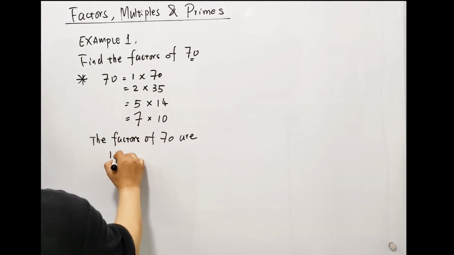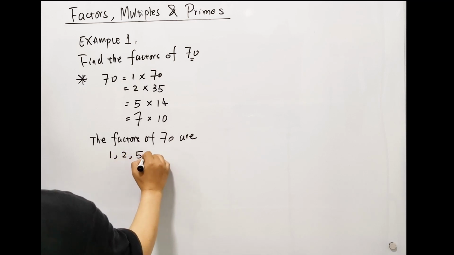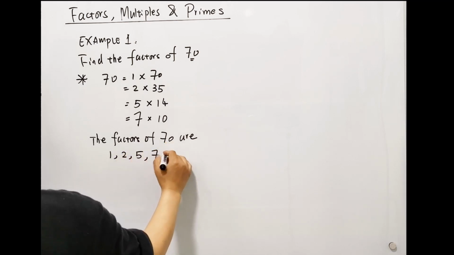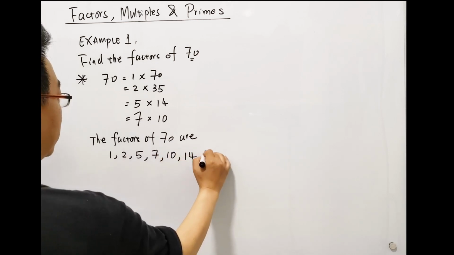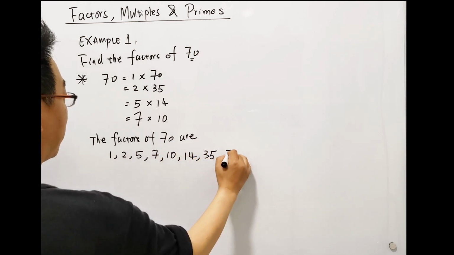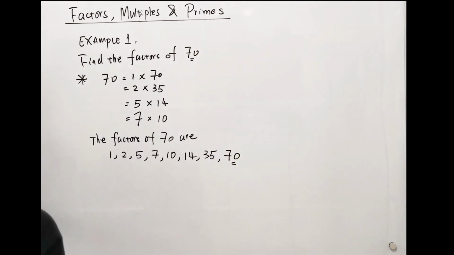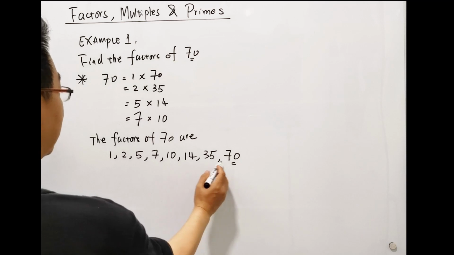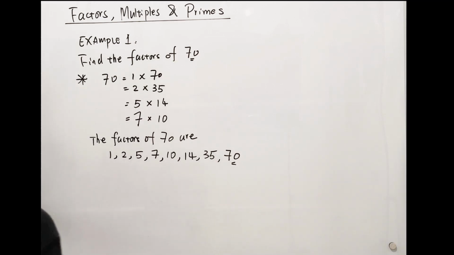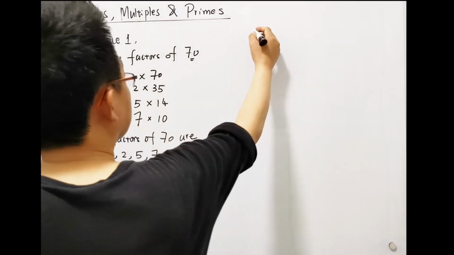We have 1, 2, 5, 7, 10, 14, 35, and of course 17 itself, right? So how many numbers do we have? 1, 2, 3, 4, 5, 6, 7, 8. So we have 8 factors for this number.